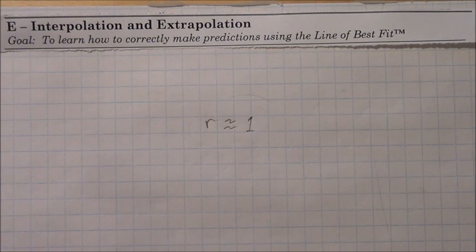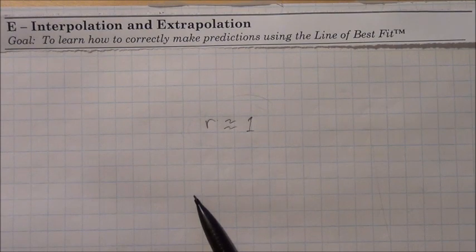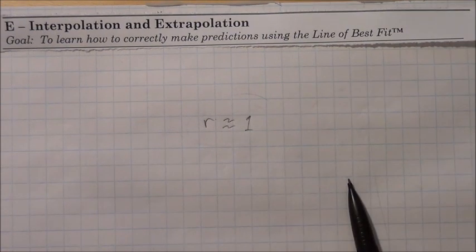So please take a look at example 5 on page 559, and then take a look at questions 1 through 5 and 7 on pages 559 to 561. Those will be your practice questions, which you can work through in class.